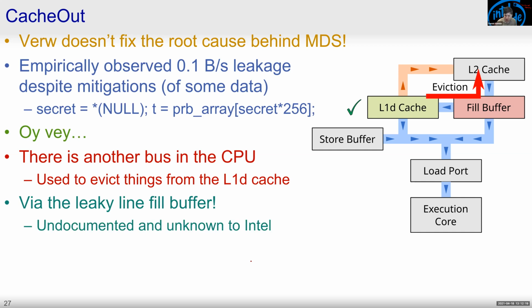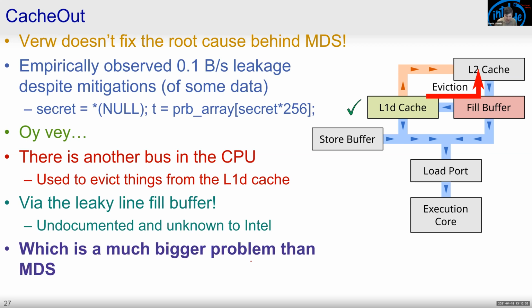And making things worse, Intel was completely unaware of the fact that it behaves like this, that there is a way to drain data through the fill buffer. And all of this combined means that MDS is a much, much bigger problem than we ever thought. This little arrow here on the eviction side of the L1D completely changes the picture when it comes to MDS.